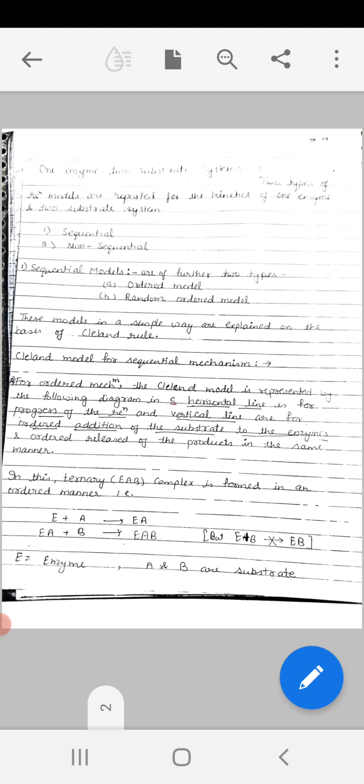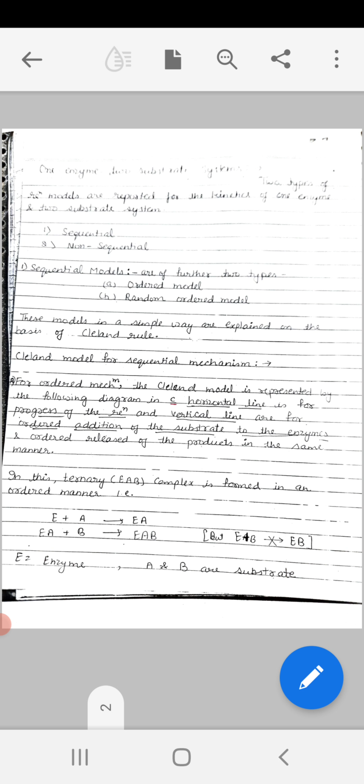There are two models, the sequential model and the non-sequential model. First is the sequential model, which is further of two types: first is the ordered model and second is the random ordered model.